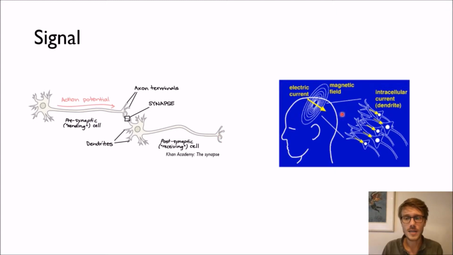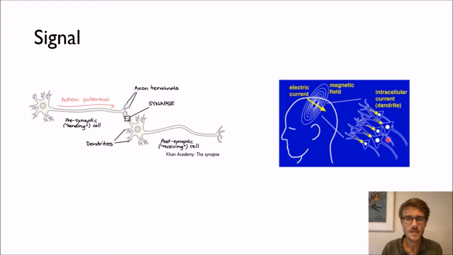But the combined magnetic fields of several neurons that are oriented in the same direction, that is what is being picked up by an MEG. So it's the electrical current that generates a magnetic field, and then combined over several neurons, this magnetic field is strong enough to be detectable by a modern MEG system.